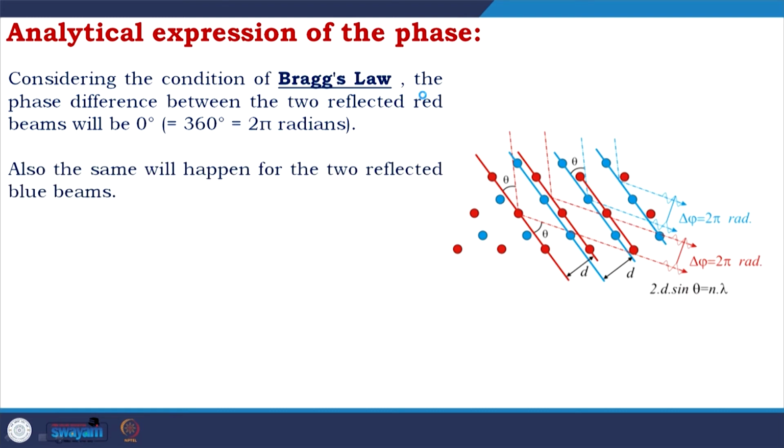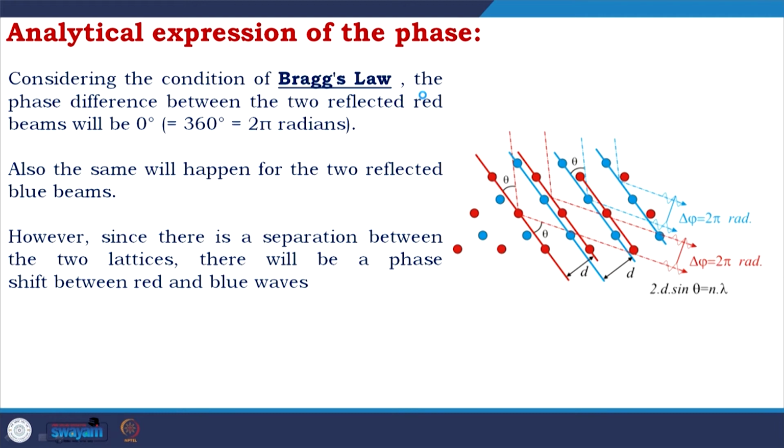Also, between the blue beams, this would be the same thing, but as there is a separation between the 2 lattices, red and blue lattices, there will be a phase shift between the red and blue waves which you could see here.